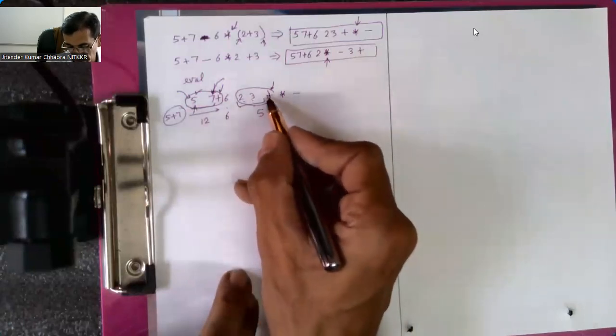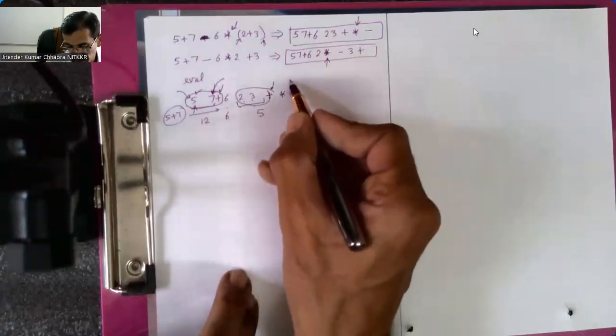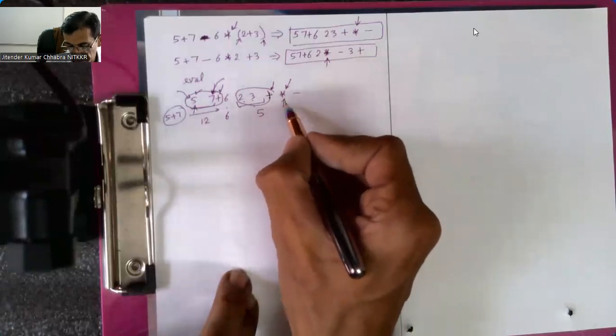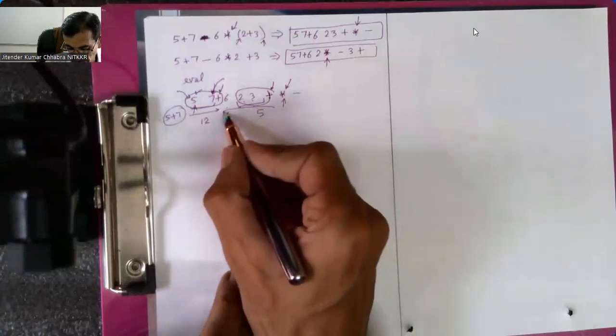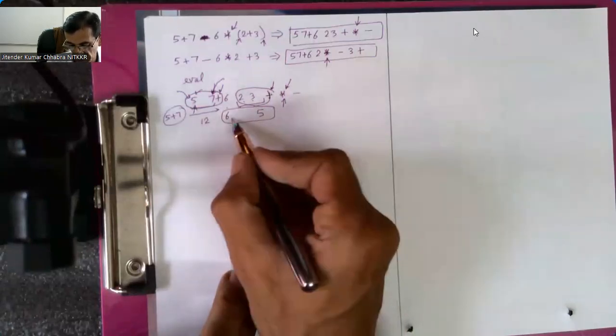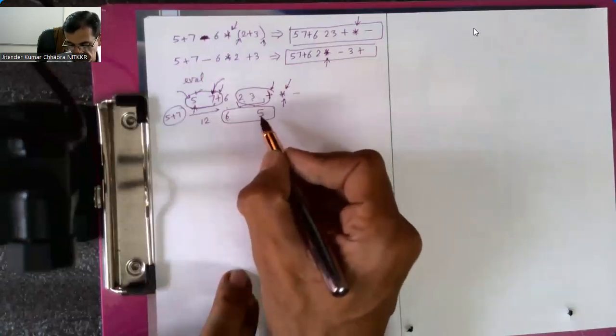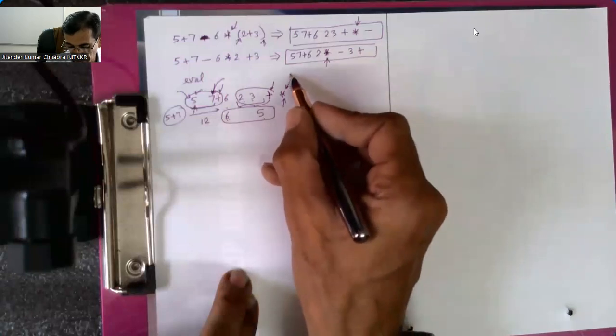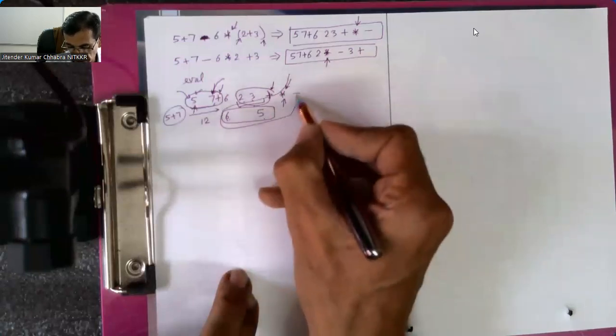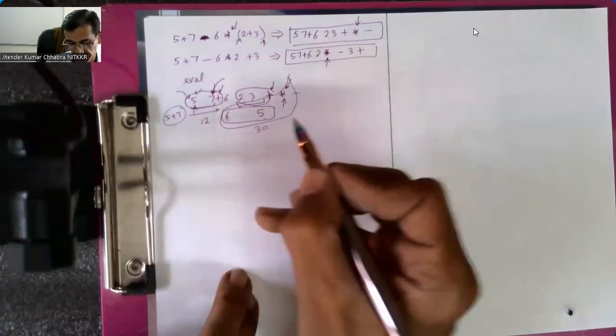Then comes a star. Star means the previous two again are its operands: operand 1, operand 2, 6 into 5. So this becomes 30.